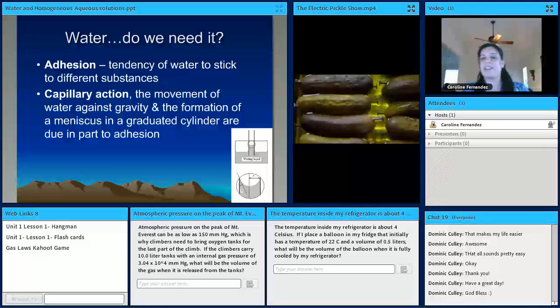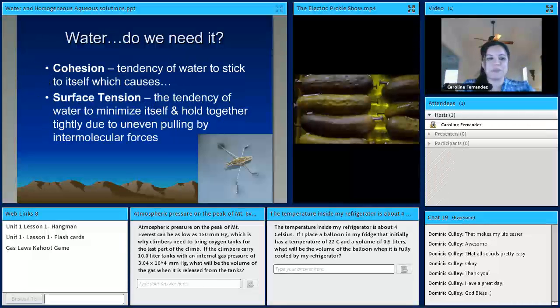Capillary action is the ability of water to move against gravity, and we see this a lot in plants, where plants will use capillary action to bring water from the roots up to the rest of the tree. Cohesive forces are the ability of water to stick to itself, which is why you'll see water droplets hanging off a leaf, and the droplets can get bigger because the water sticks to itself.